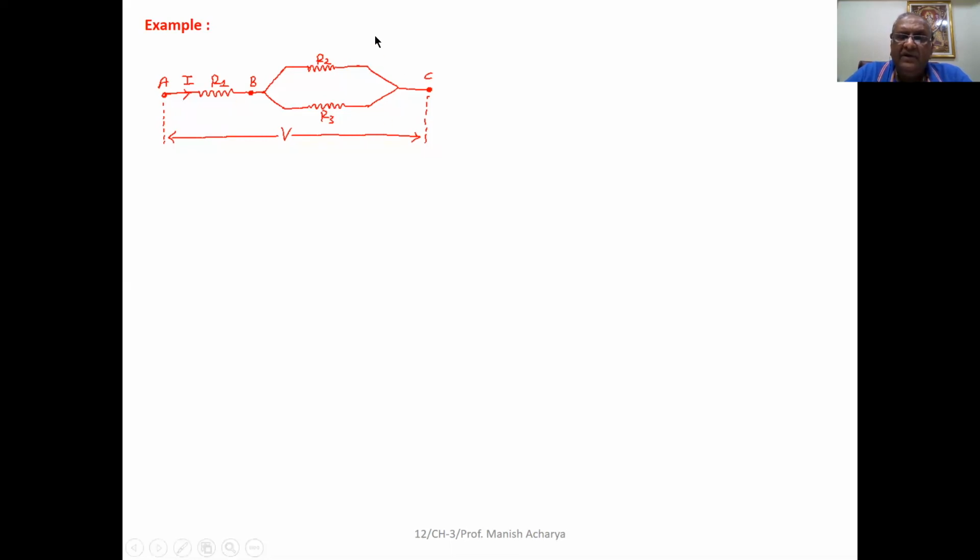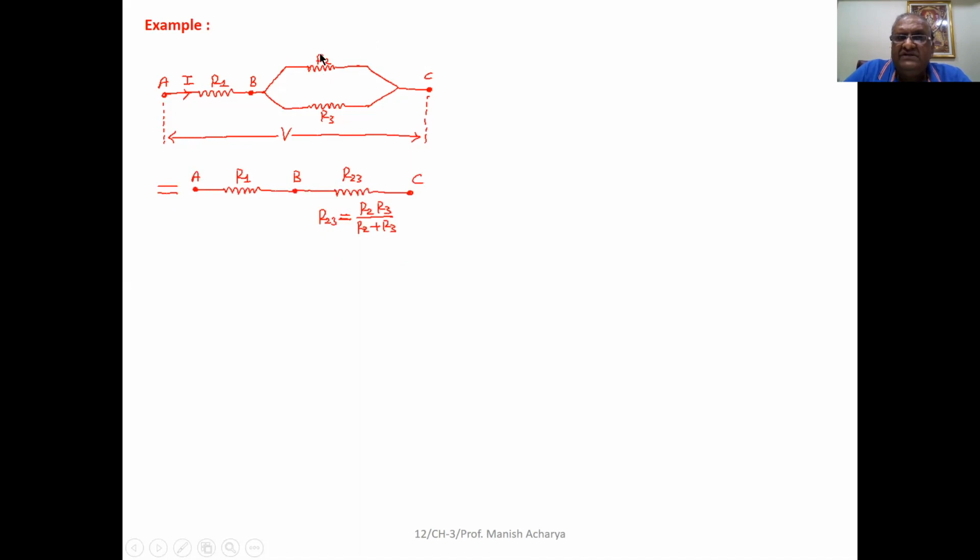And now suppose we want to find the resultant current I flowing through the circuit, or we can say we want to calculate the current I constituted by the potential difference of V volt across A and C. Then first of all, we have to calculate the equivalent resistance of this combination. So here see, R2 and R3, these two resistors are parallel. So we can prepare the equivalent circuit like this.